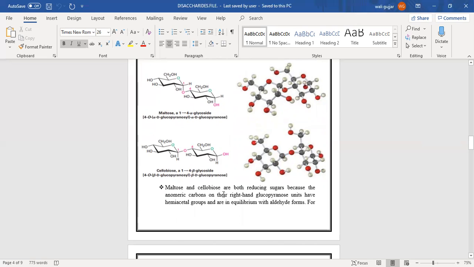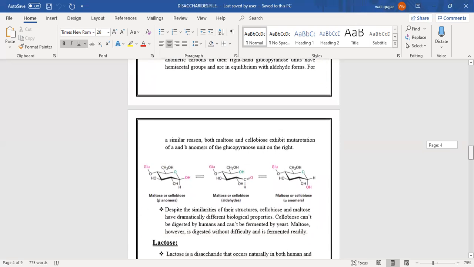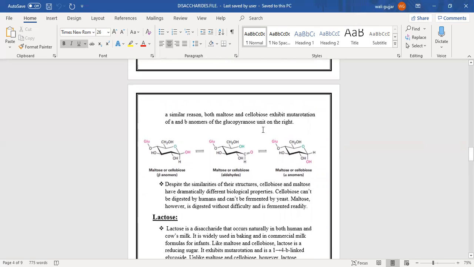Maltose and cellobiose are both reducing sugars because the anomeric carbons on their right-hand glucopyranose units have hemiacetal groups and are in equilibrium with aldehyde forms. For a similar reason, both maltose and cellobiose exhibit mutarotation of alpha and beta anomers of the glucopyranose unit on the right. Like in this, you can see they exhibit mutarotation.